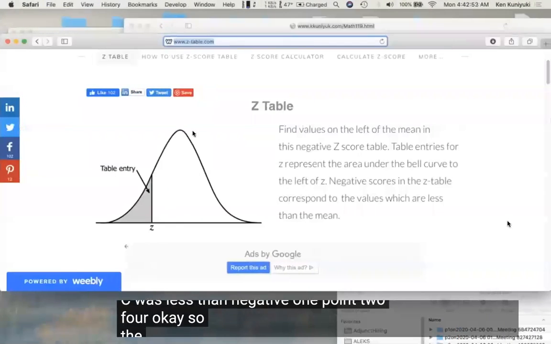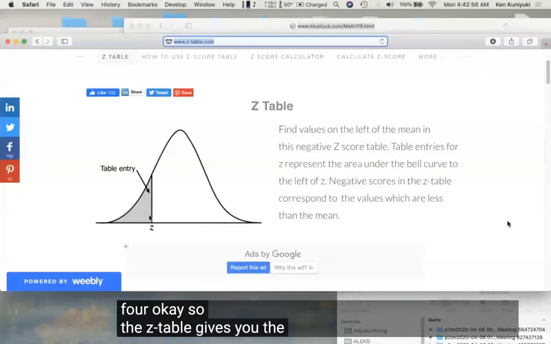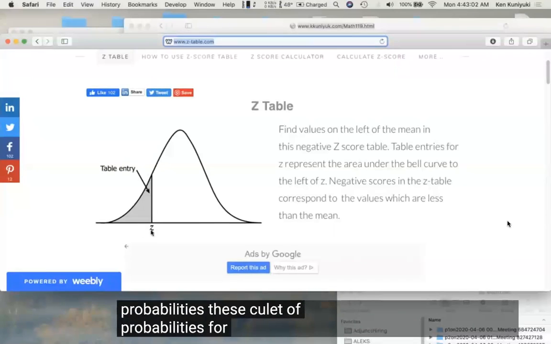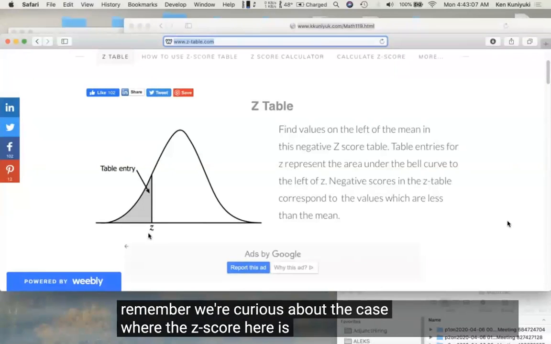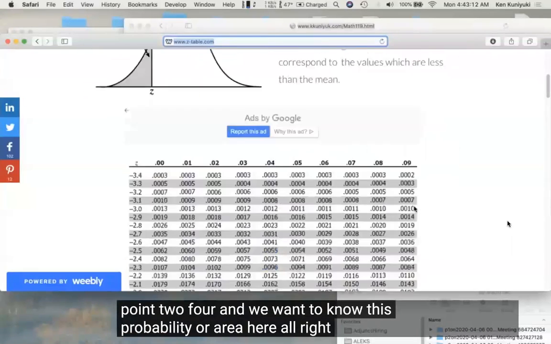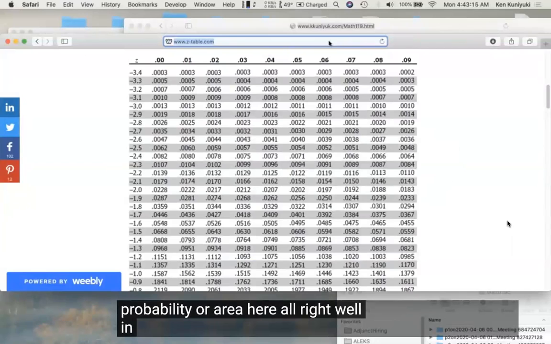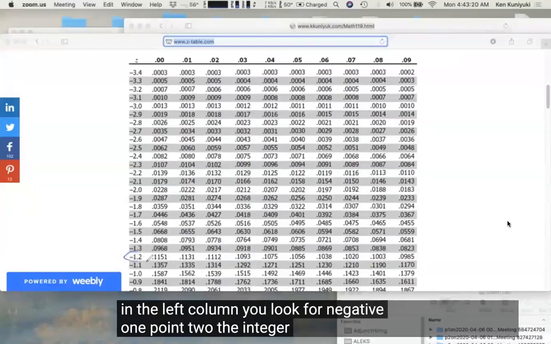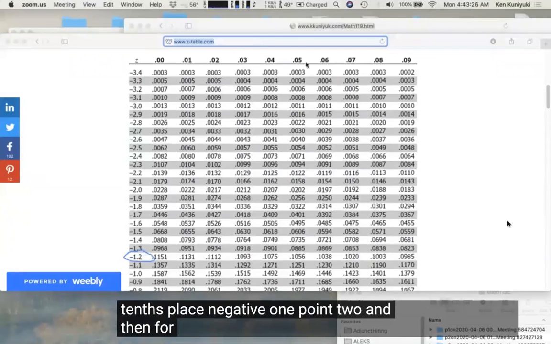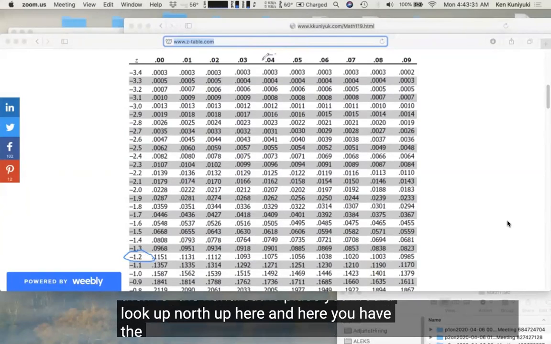Okay, so the z-table gives you these left-tailed probabilities, these cumulative probabilities for a given z-score. Remember, we're curious about the case where the z-score here is negative 1.24, and we want to know this probability or area here. All right, well, in the left column, you look for negative 1.2, the integer part and the tenths place. And then for the hundredths place, you would look up north, up here, and here you have the 0.04.